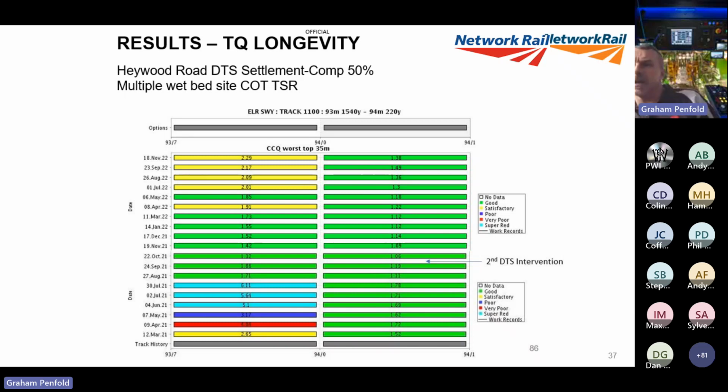But as you can see, it was deteriorating 2 bands previously, but we had another run and it was still in the good. So we decided on another DTS intervention because we planned to, because we thought it would take 2. We didn't realize how good it would end up. And as you can see, the longevity is quite incredible.